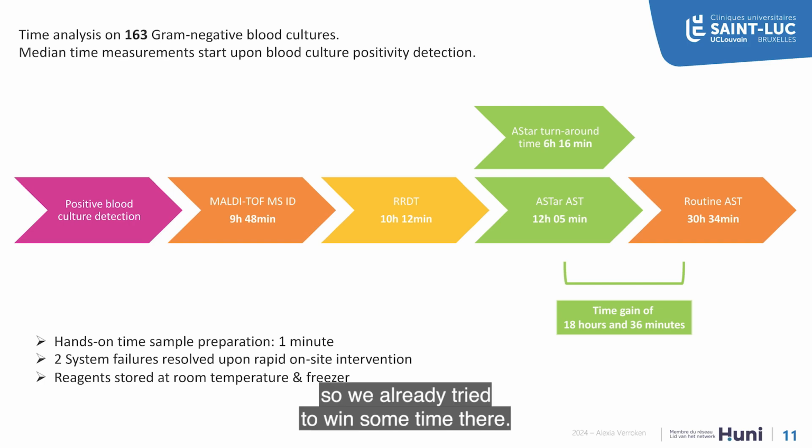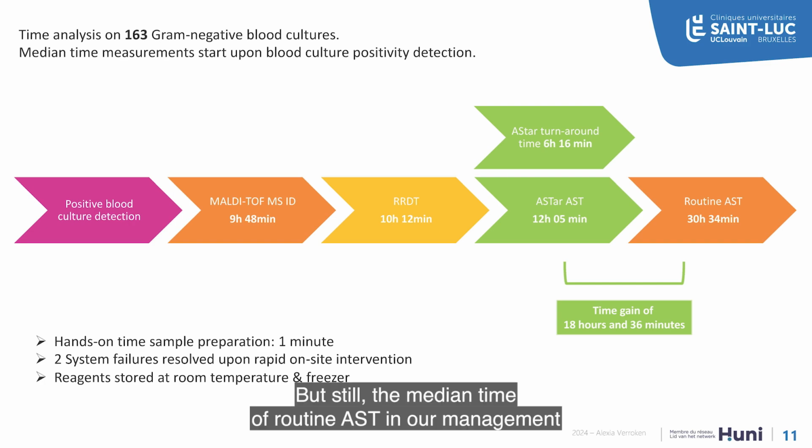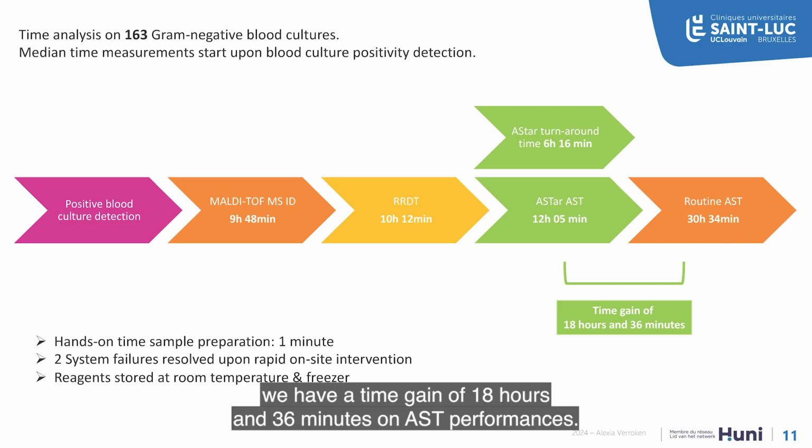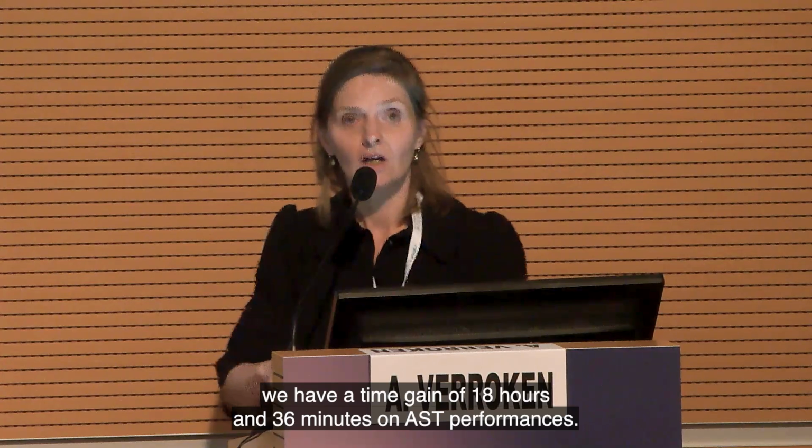So we already tried to win some time there, but still the median time of routine AST in our management is 30 hours and 34 minutes. So with ASTar, we have a time gain of 18 hours and 36 minutes on AST performances.